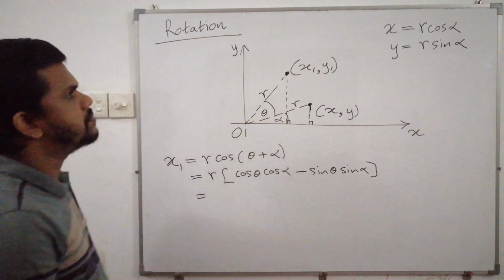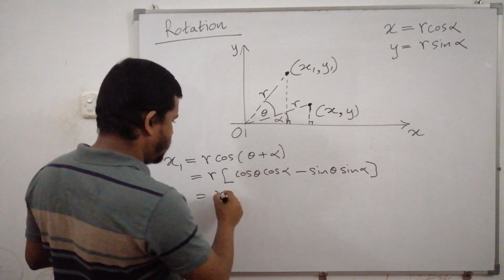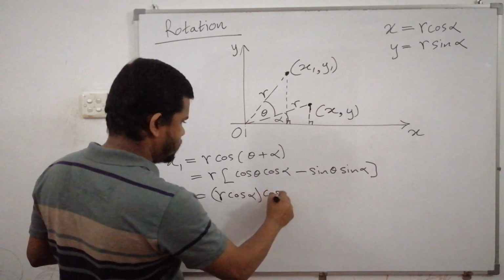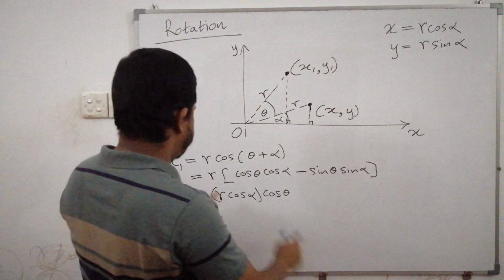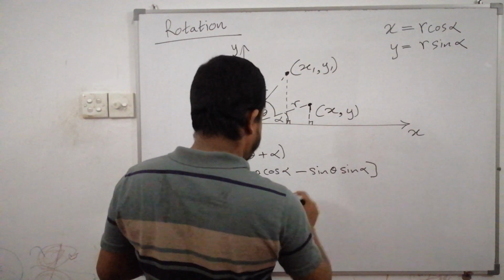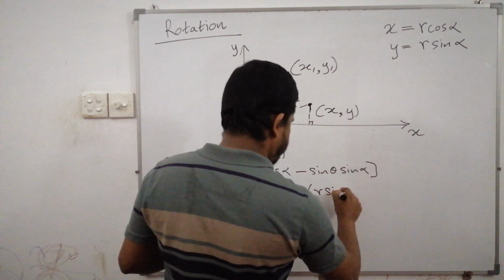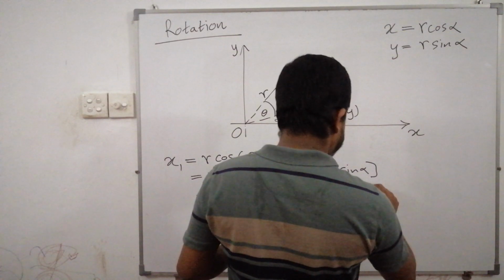Again, this one you can write down r cos alpha cos theta, then minus r sin alpha sin theta.